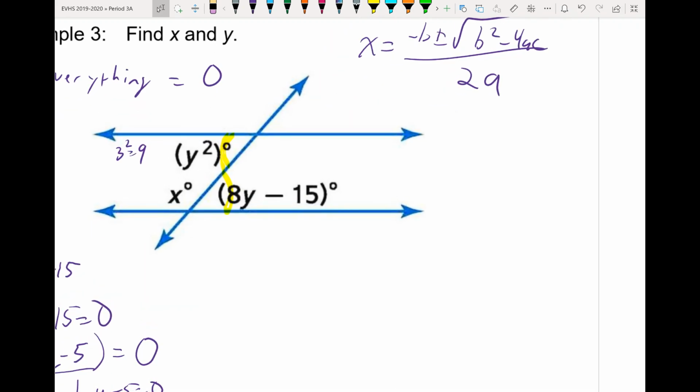If it was 5, is it possible for this guy to be 25 degrees? Yes. What if, hypothetically, x was 15, and then we did y. What if y was 15 and then y squared is 225? Would that make sense for this angle to be 225 degrees?